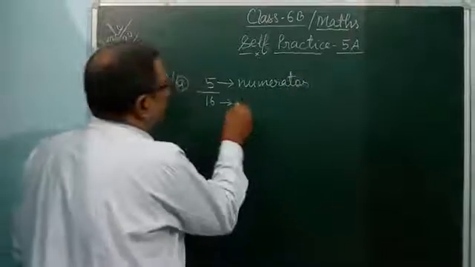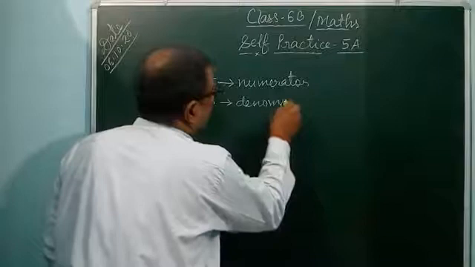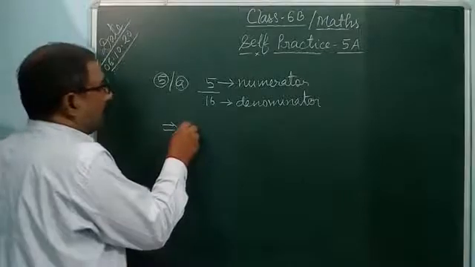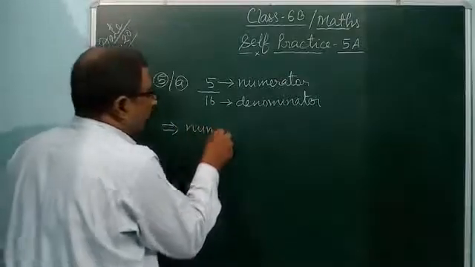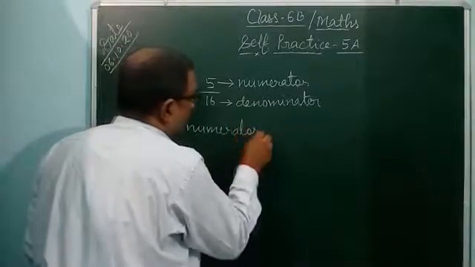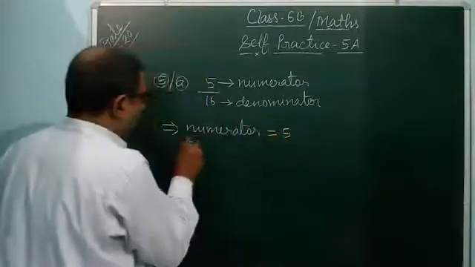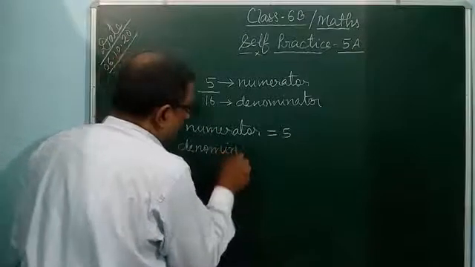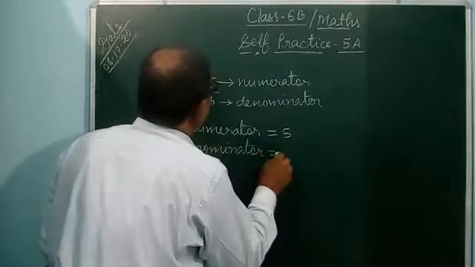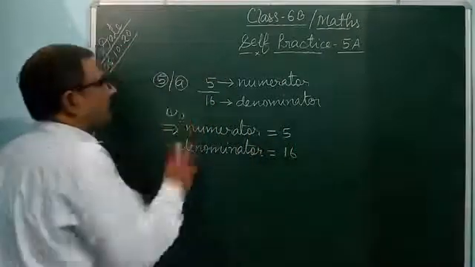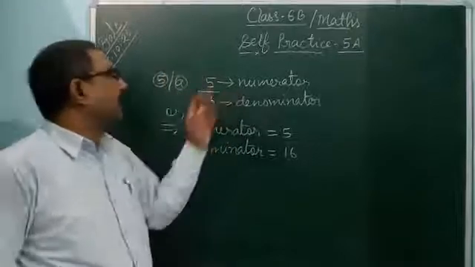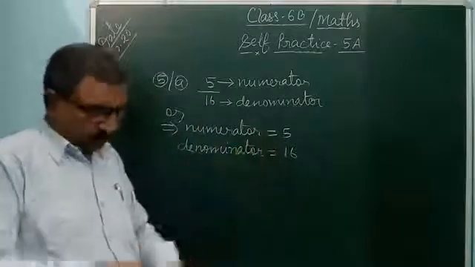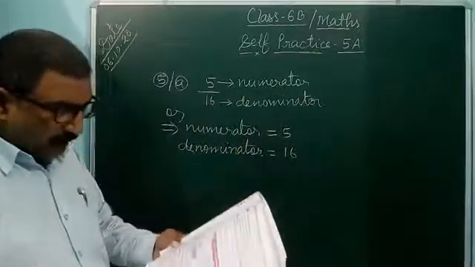So for 5 by 16, numerator 5 and denominator 16. Anyway you can write. So you can do B, C, D and E.